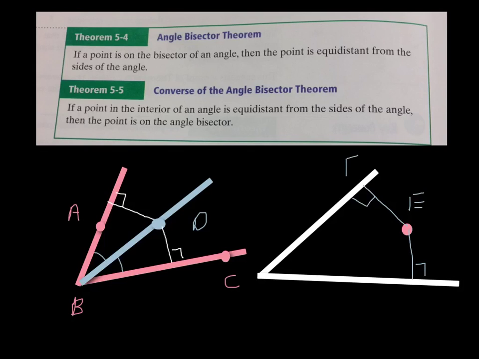If EF is the same distance as EG, then E has to be on the bisector of angle H. Ray HE would have to be the bisector of angle FHG. Any point equidistant from the sides of the angle has to be on the bisector of the angle.